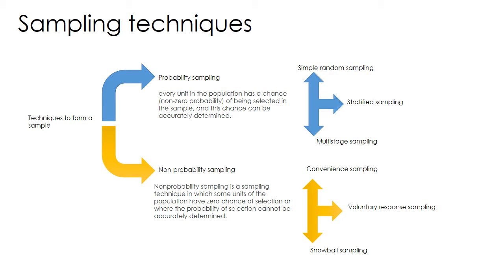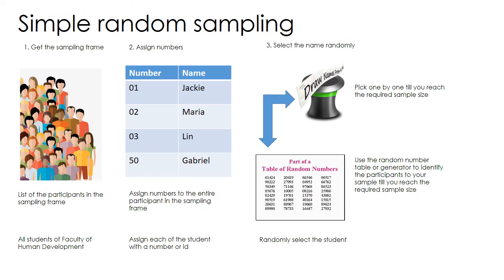So basically, not everybody will have the chance to participate. Among the types of non-probability sampling that are widely used are convenience sampling, voluntary response sampling, and also snowball sampling. Just like probability sampling, there are other types of non-probability sampling as well, and these are just the three most commonly applied techniques. So how do you run a simple random sampling?